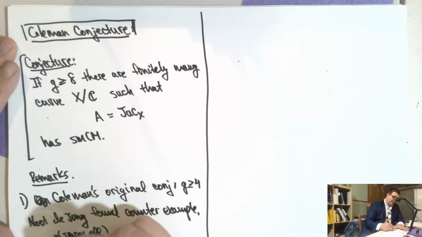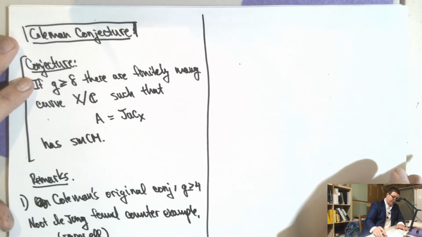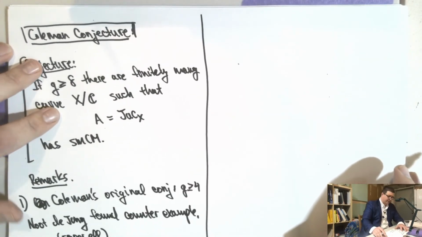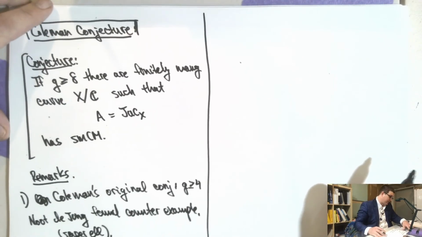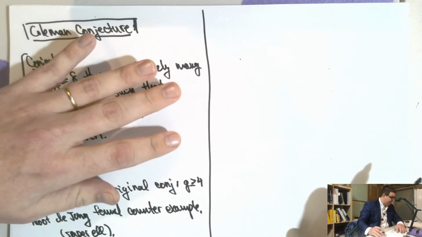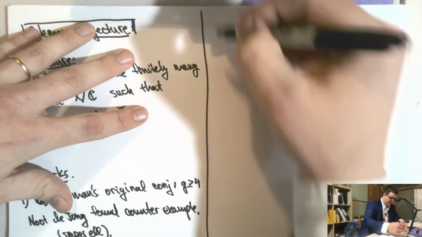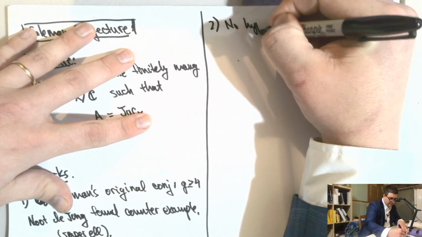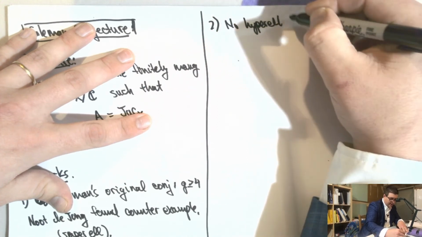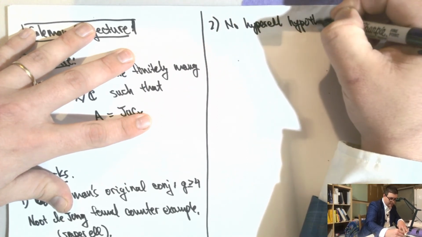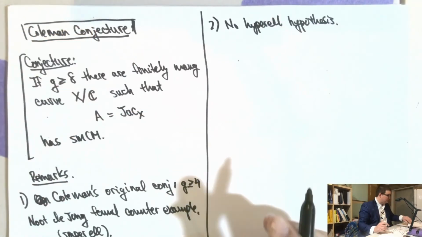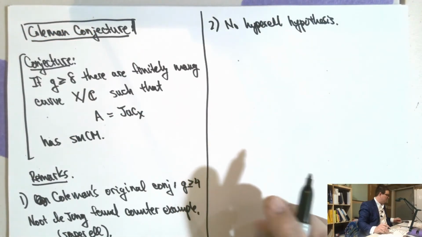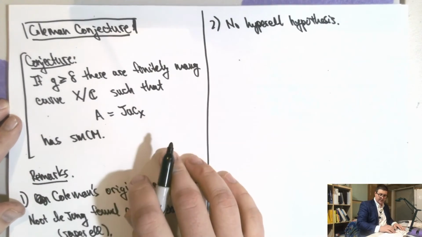They said this is a reasonable expectation because their counterexamples don't exist. Maybe there's more, I don't know, but their procedure won't work. And the other remark is that there's no hyperelliptic hypothesis.